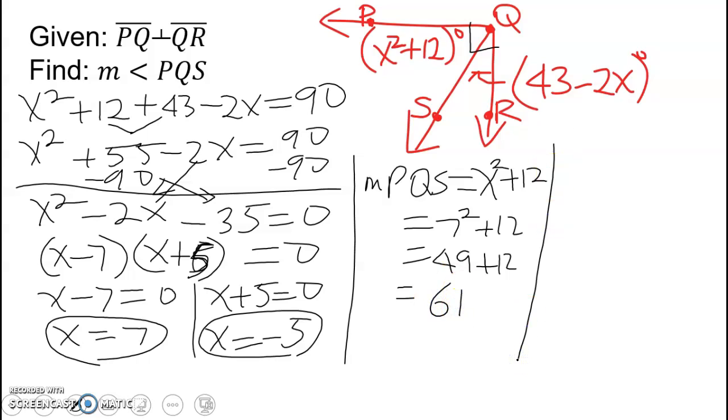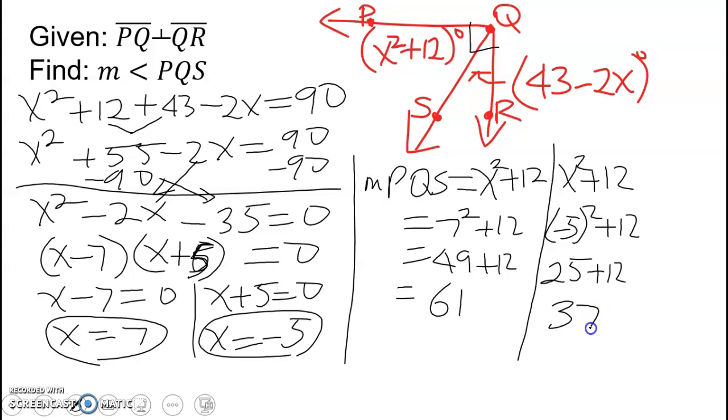And then the other one, when x is negative 5. Make sure you put the negative into parentheses because you're squaring everything. Otherwise, you get negative. Negative 5 times negative 5 is positive 25, plus 12, so that is 37. Those are the two possible measures of that angle. Of course, it's a measure of an angle, so it's in degrees.